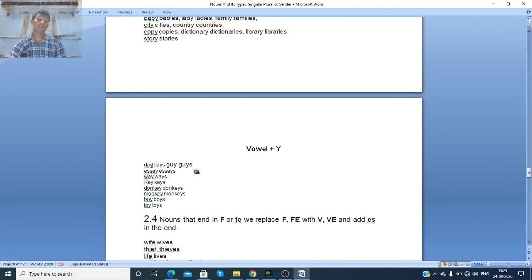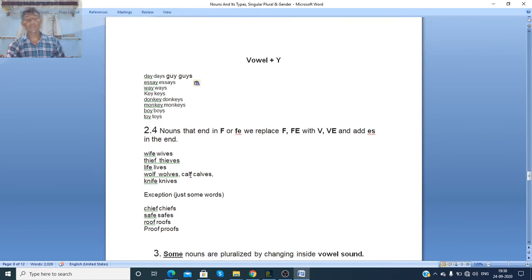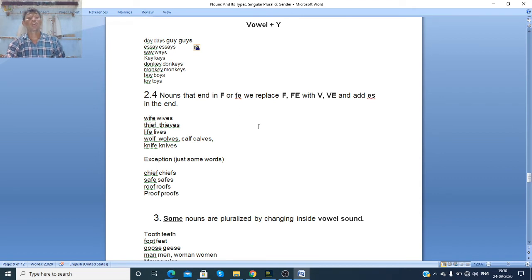A is a vowel and then y, so essay will become essays, way becomes ways, key becomes keys. Donkey becomes donkeys. Monkey will become monkeys, boy will become boys, toy will become toys.